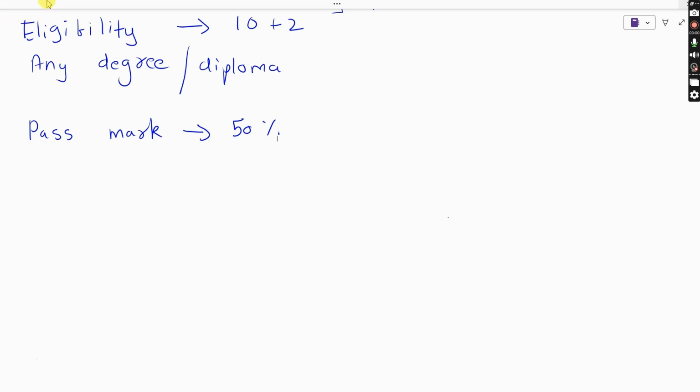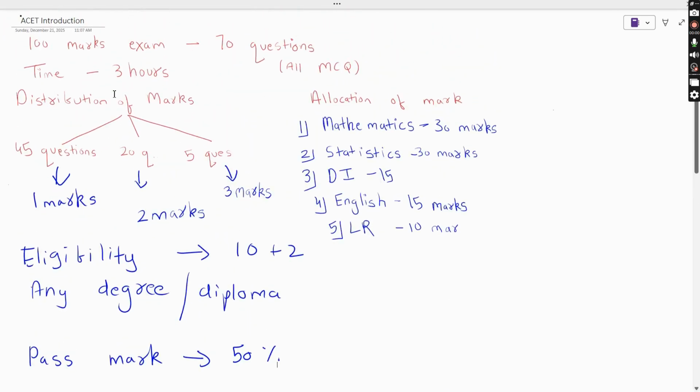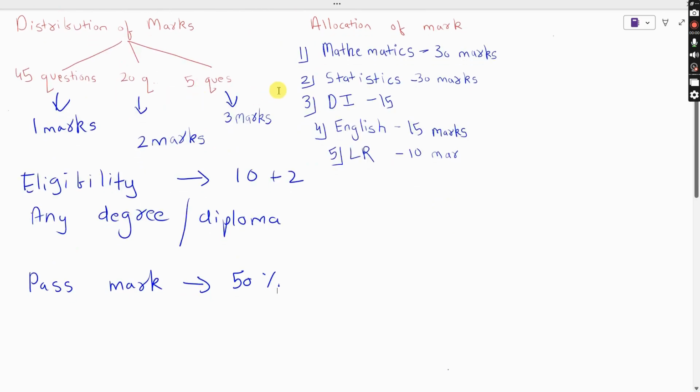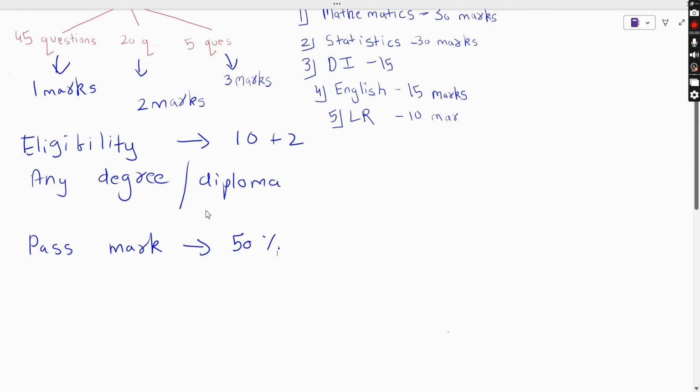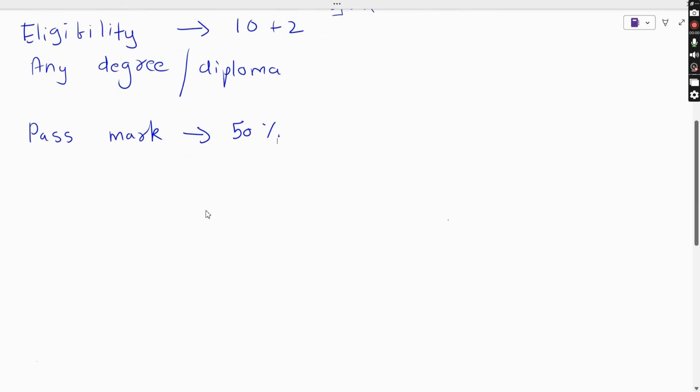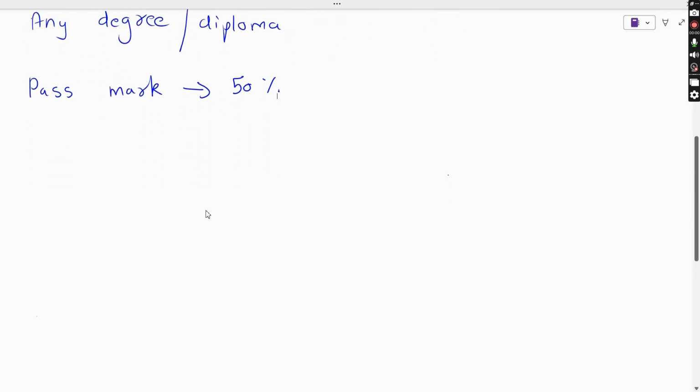So as I said earlier, if we are not that good in mathematics and statistics, then securing 50 marks will still not be that hard. But that should not be the case if you are going to study actuarial science. You need to be good in maths and stats, or at least have some basic understanding of these things.